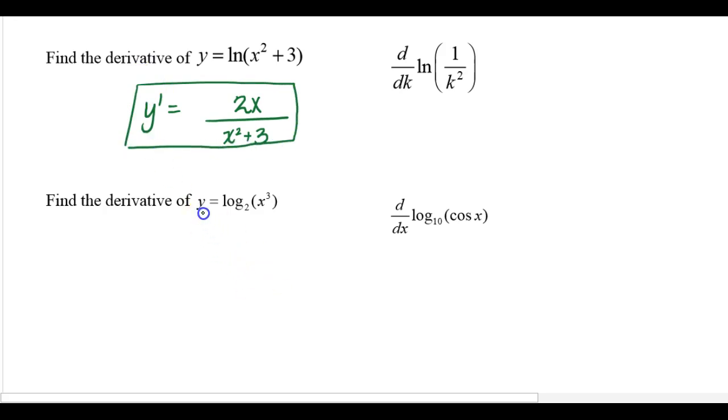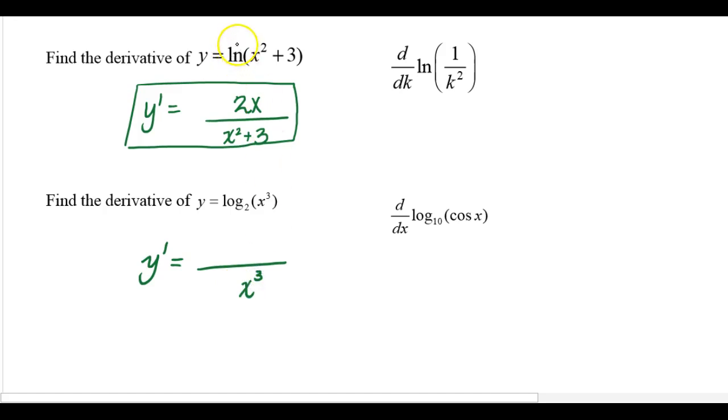I'm taking the derivative of y equals log base 2 of x cubed. So again, this is a derivative that involves the chain rule application. So I have a general logarithm, the base is 2, and the inside function is x cubed. So the derivative y prime is going to be, well, I take the inside function and I put it on the bottom.